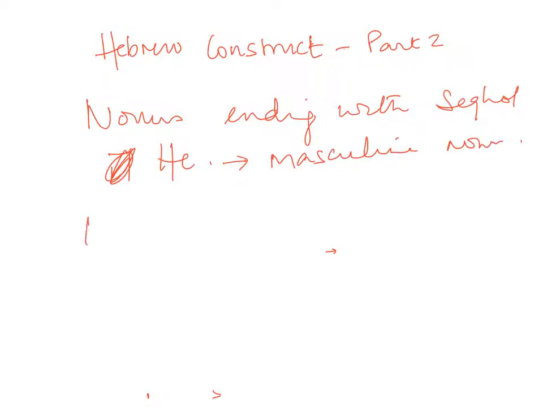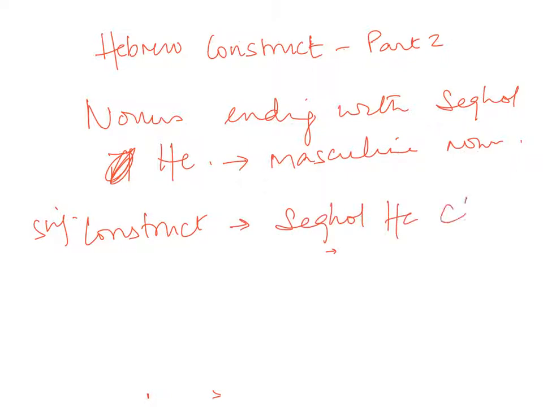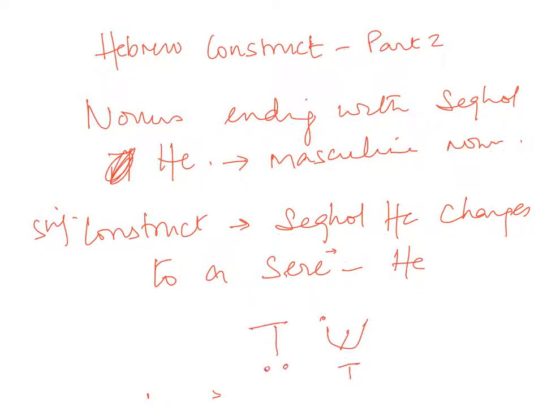And what will happen in their singular construct is that the segol he changes to a sere he. So I have a word like sadeh. Remember, sadeh is a field.